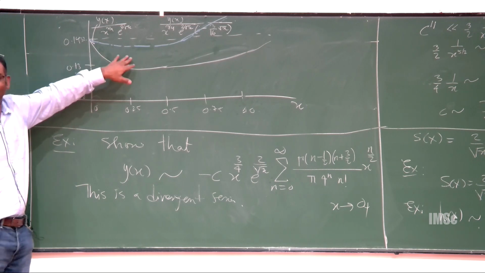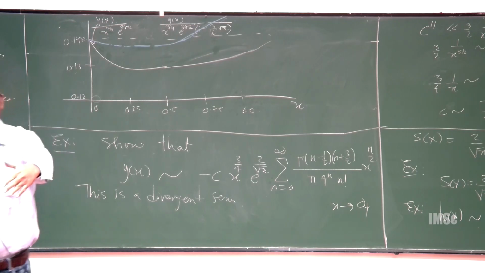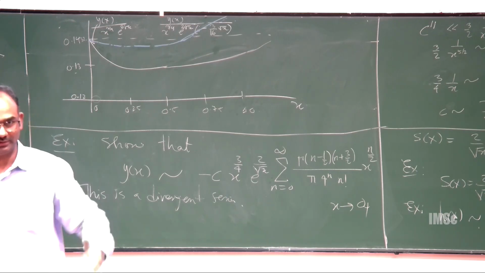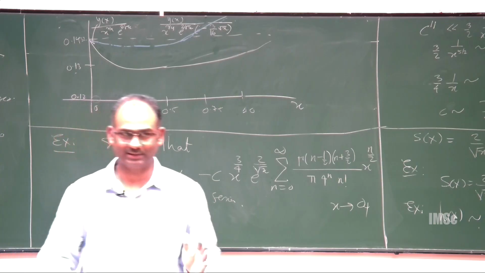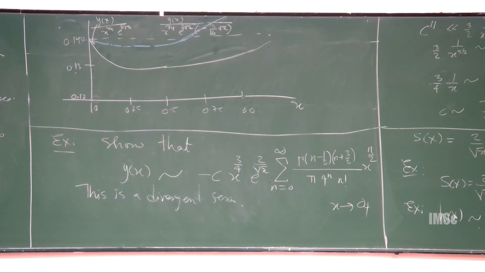And at some point even that estimate was getting better upon including the next term in the perturbation series. That much is clear from this example. Okay, so that's our observation. Any questions?